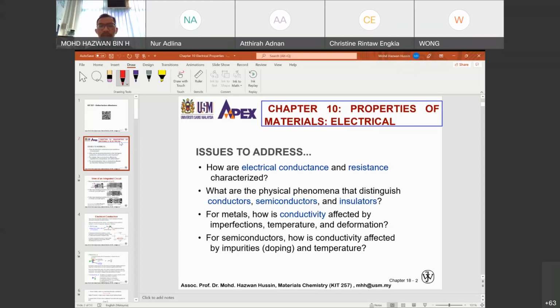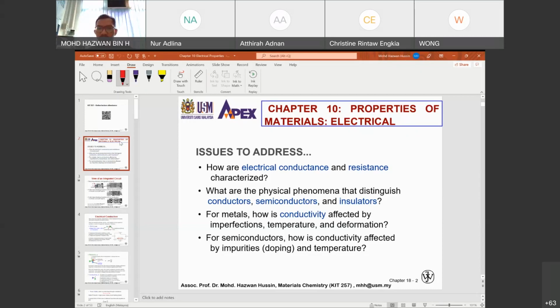For metal, how is conductivity affected by imperfection, temperature, and deformation? Imperfection means that when you dope with different types of impurities, you put other elements in, making it an alloy, maybe a tougher material.